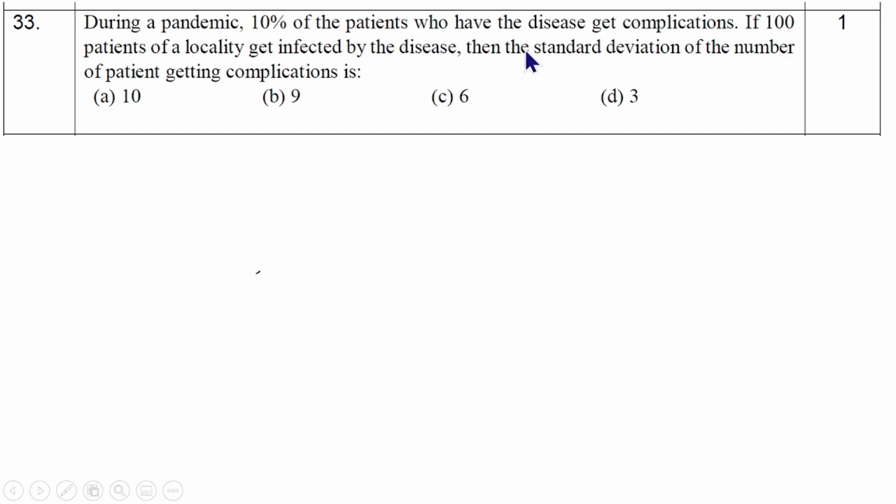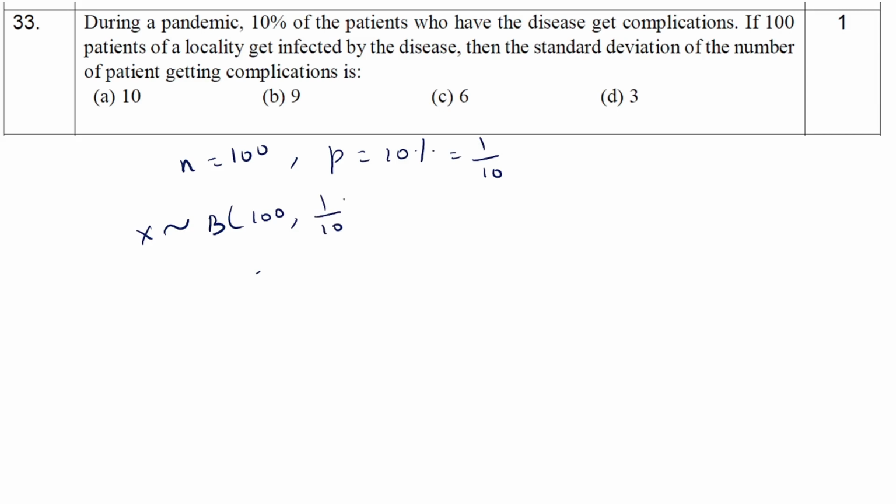So if we take the random variable x as the number of patients who have the disease get complications, then here we can see that n is equal to 100 and p is equal to 10%, or it is equal to 1 by 10. Then x follows binomial 100, 1 by 10.